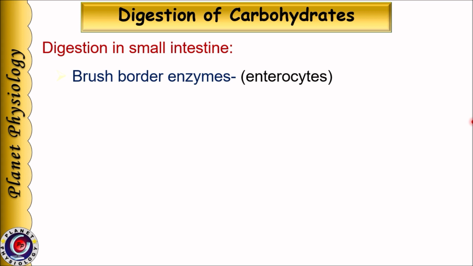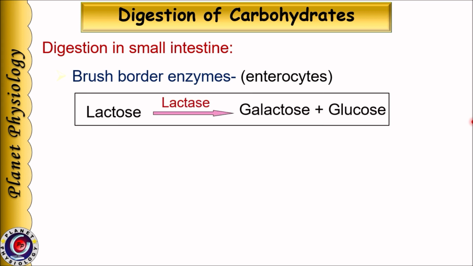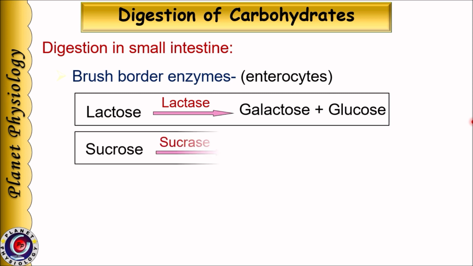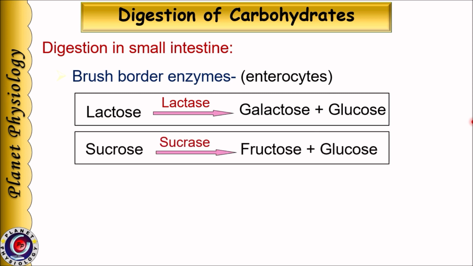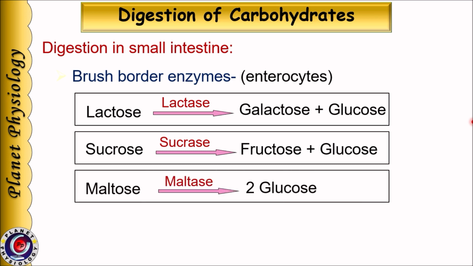These enzymes convert disaccharides to monosaccharides. Lactose is converted into 1 molecule of galactose and 1 molecule of glucose with the help of enzyme lactase. Sucrose is converted to fructose and galactose with the help of enzyme sucrase, and maltose is converted to 2 molecules of glucose with the help of enzyme maltase.